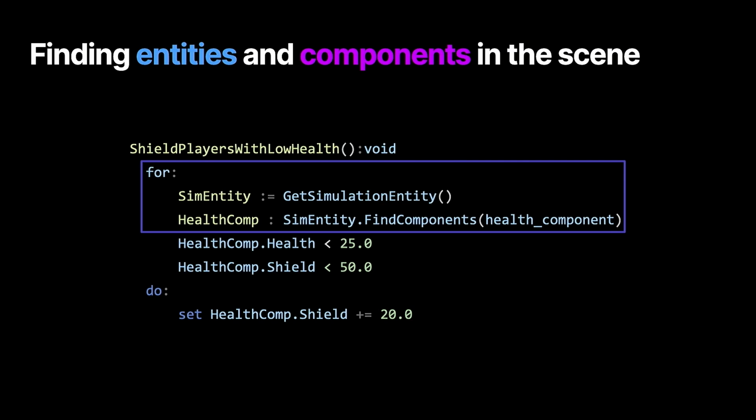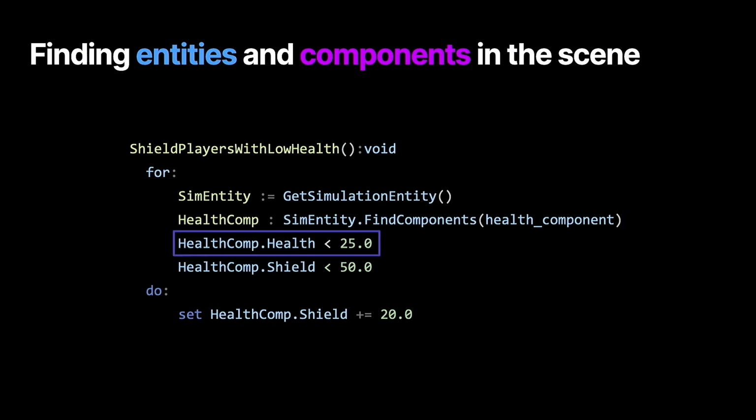So we're assigning each one to health comp, and then we're going to check healthcomp.health and healthcomp.shield. What this does is that each of these is basically an AND statement. As long as they all come true, we're going to enter the do block of the for loop. If any of them fail, we're just going to go to the next item. So you can have as many checks in here as you want and layer up all of your filtering logic. And if that succeeds, we're then going to add 20 to the shields. And so they get a nice boost.